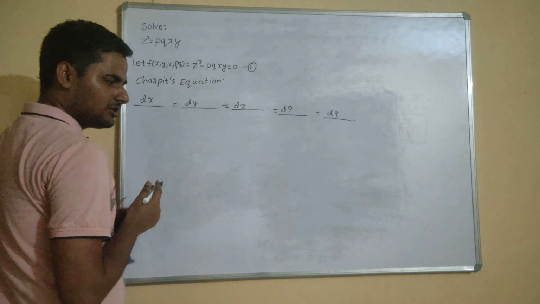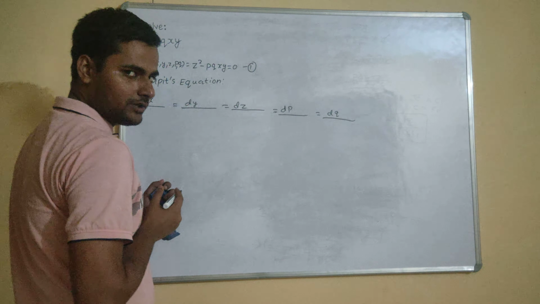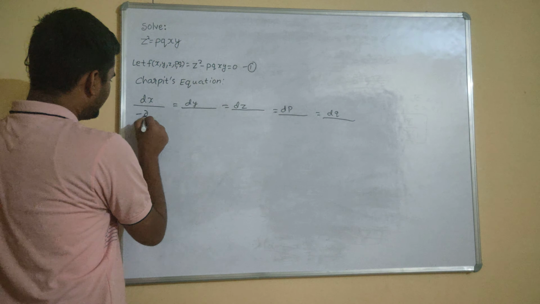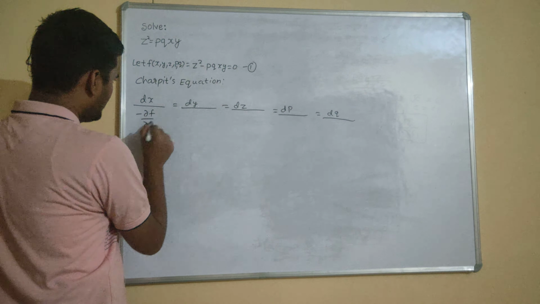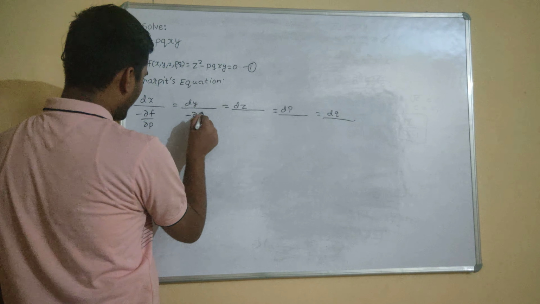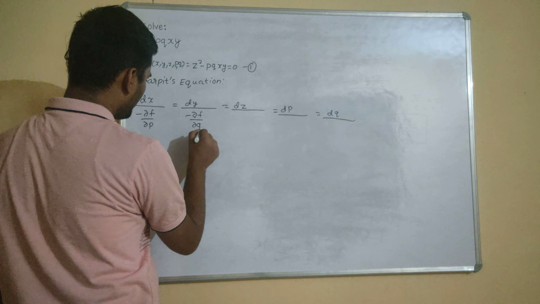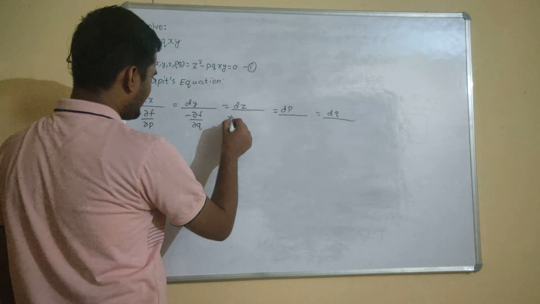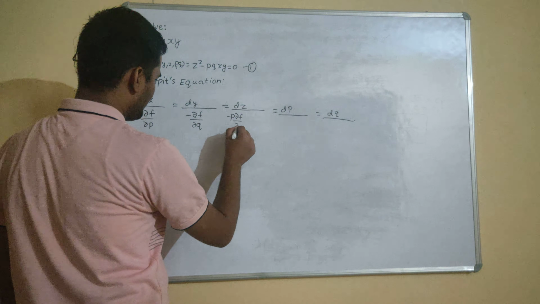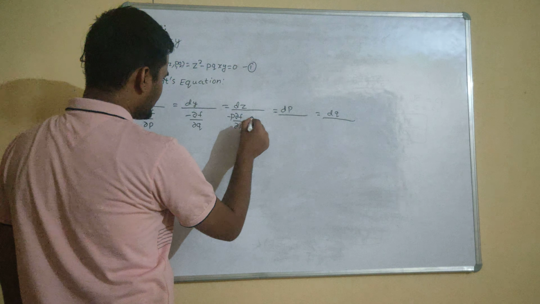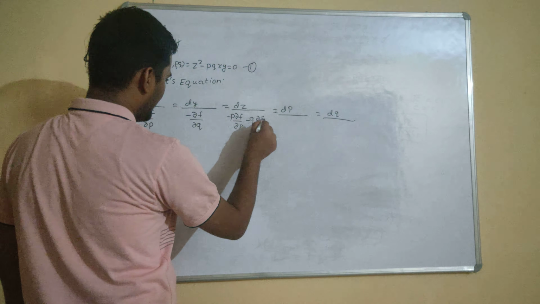Here, as you know, x has affinity towards p, so minus del f by del p. Y towards q, so minus del f by del q. Multiply this by p, so minus del f by del p, and multiply this by q, so del f by del q.